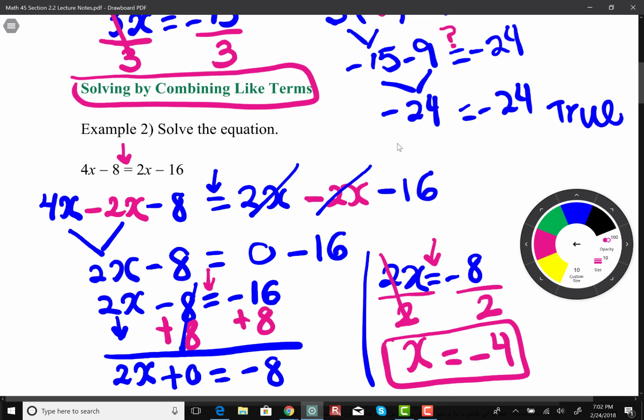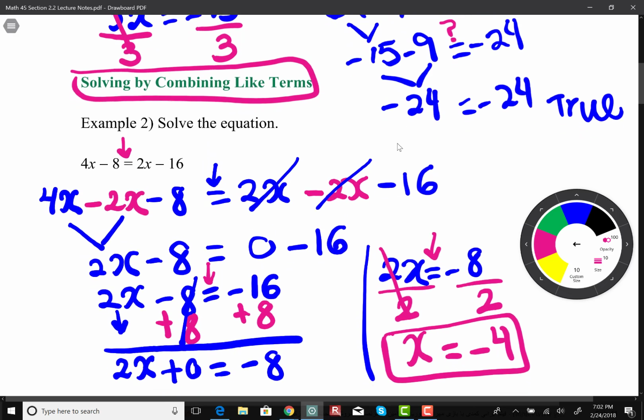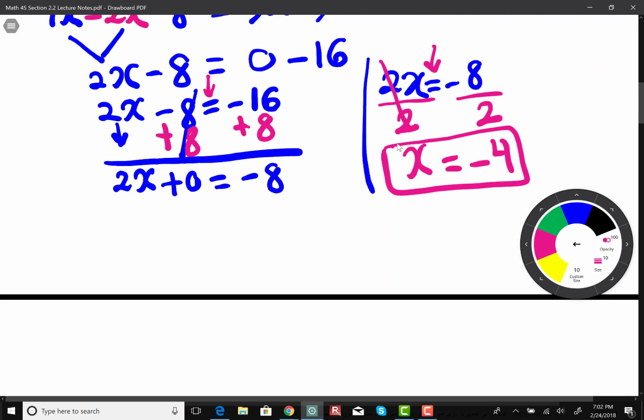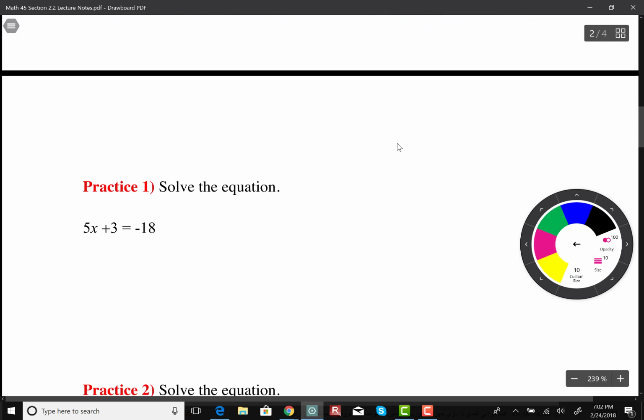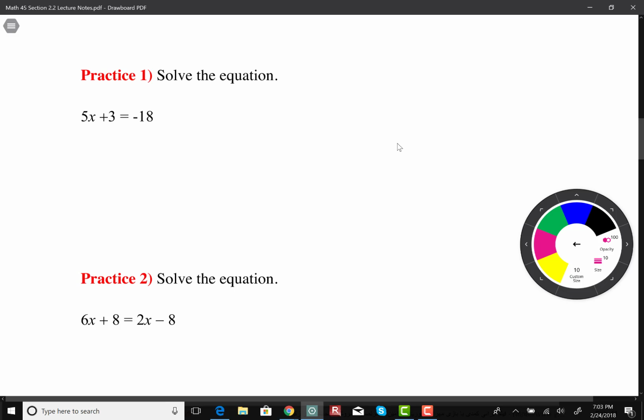I'm going to stop this video at this point, because I would like you to practice it to make sure you completely understand it. I have put practice 1 and 2 on the next page, and you will be able to submit these. So if you go to the next topic for this module, you will see the practice 1 and 2 assignment that you will submit.